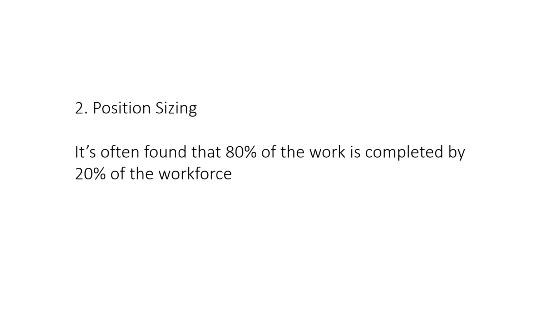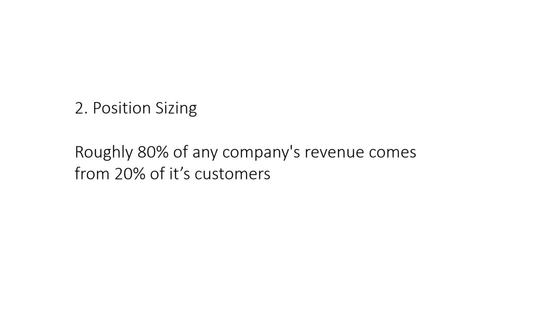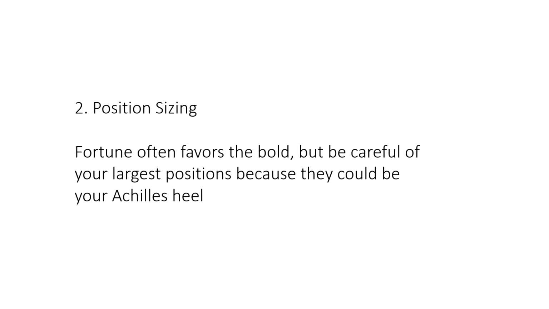It's often found that 80% of the work is completed by 20% of the workforce, and that roughly 80% of the wealth and land in most countries is controlled by 20% of the people. And 80% of a company's revenue comes from 20% of its customers. Zoom in on your positions greater than 2% and ask yourself if the risk is really worth the rewards.